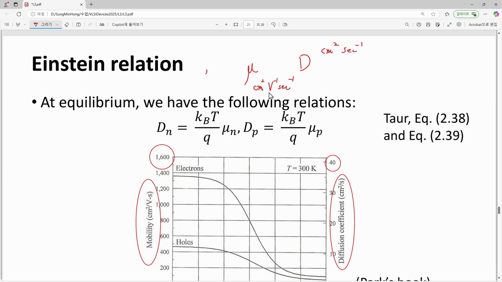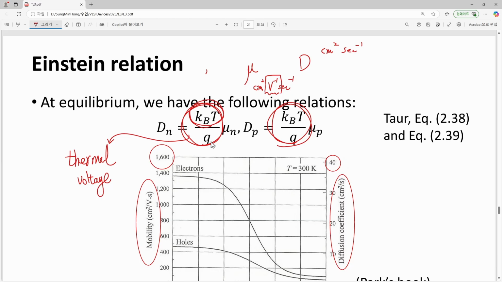I told you that the difference is this volt unit, and in order to match them we need a certain quantity with voltage units, and this is nothing but the thermal voltage. The thermal voltage is the thermal energy divided by q, and of course at 300 Kelvin its value is 25.85 millivolt.